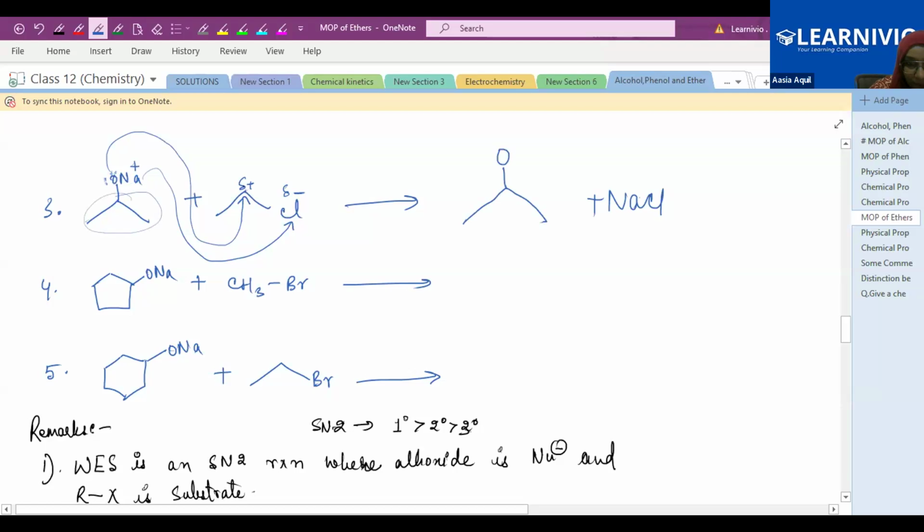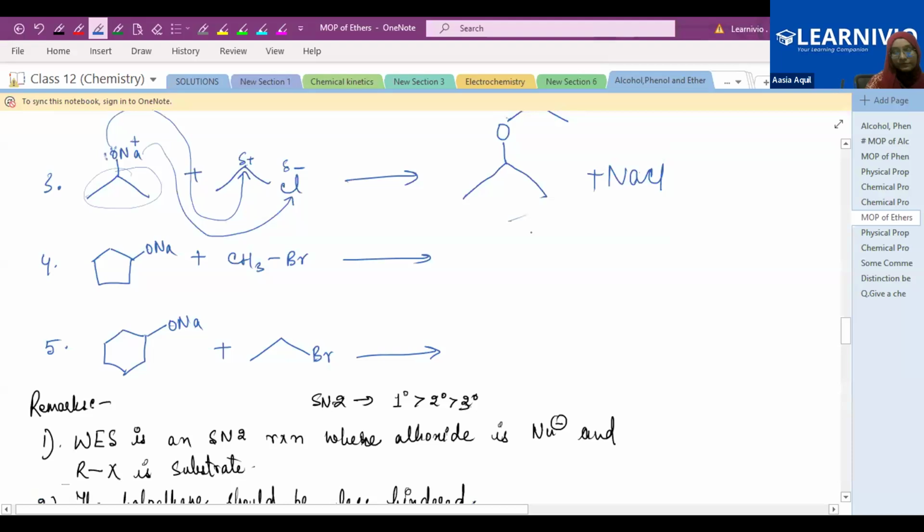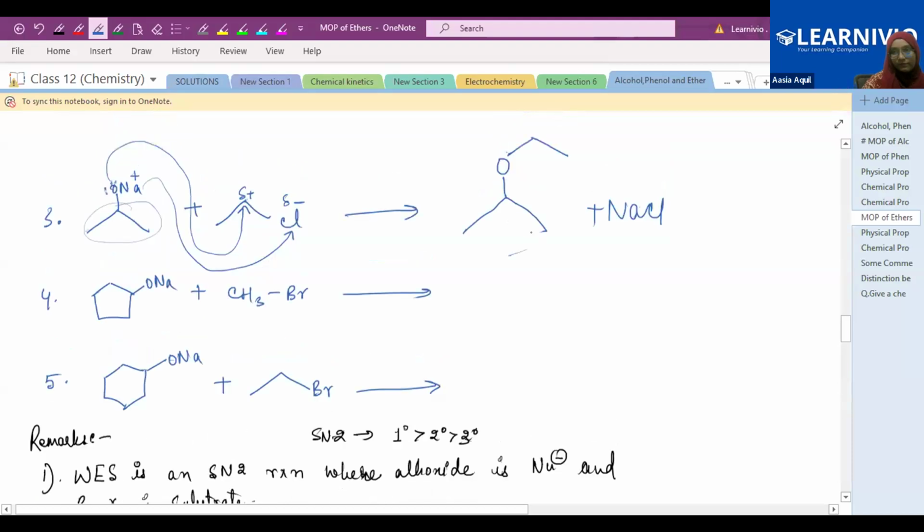So this carbon, one, one, two, one and two. That's the whole thing. So this is your unsymmetrical ether in the first one. Clear? Yes. In the second.